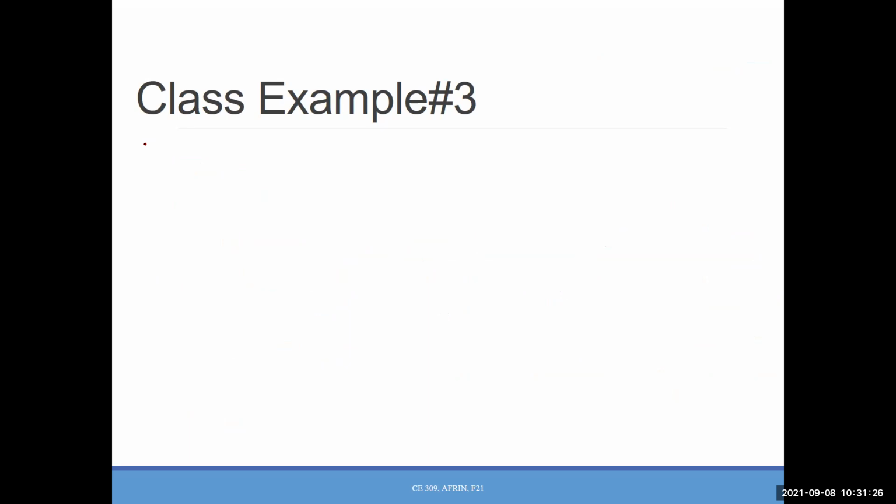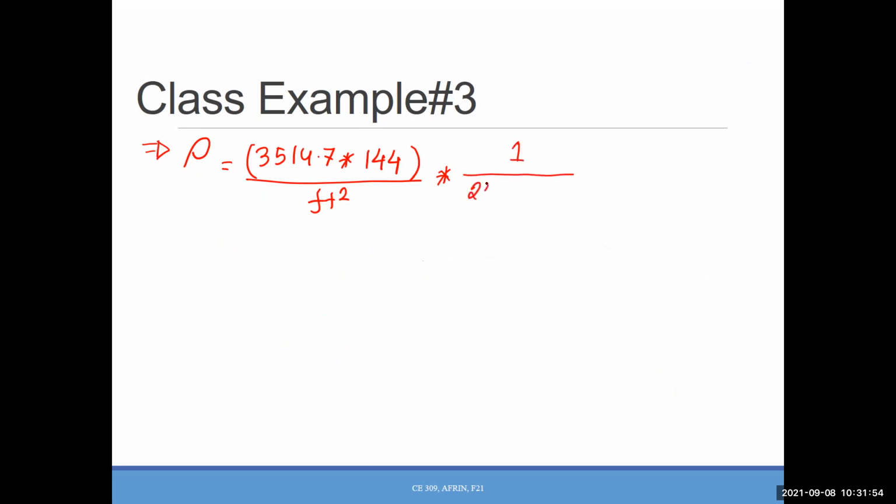So I will write down rho equals, moving everything to the other side. So we had 3514.7, 144 feet square. Now if I move everything from the other side, it will be what? 1 over 24450.